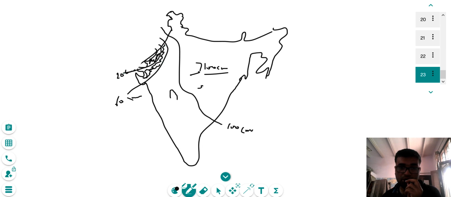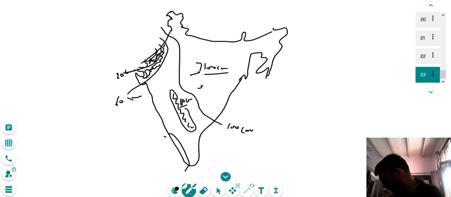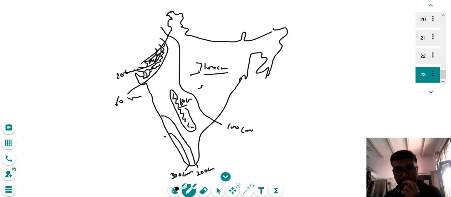This is the interior plateau region again. This is the 60 centimeter isohyet, a closed gap, and this region witnesses less than 60 centimeter rainfall. This is the 200 centimeter and this is the 300 centimeter isohyet.